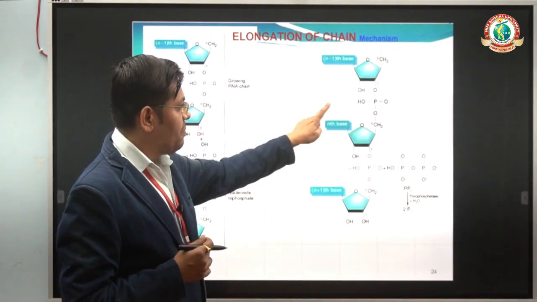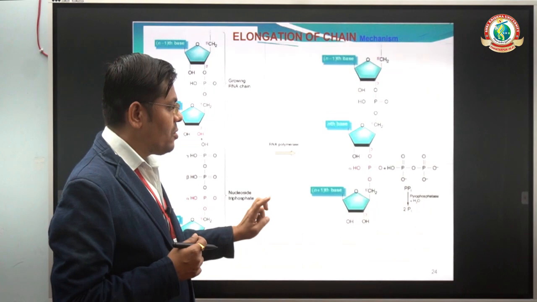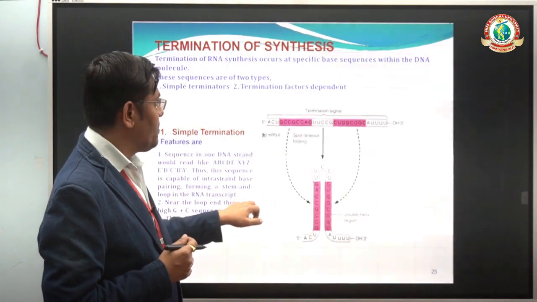So in the same way, there is also polymerization of the messenger RNA transcript.